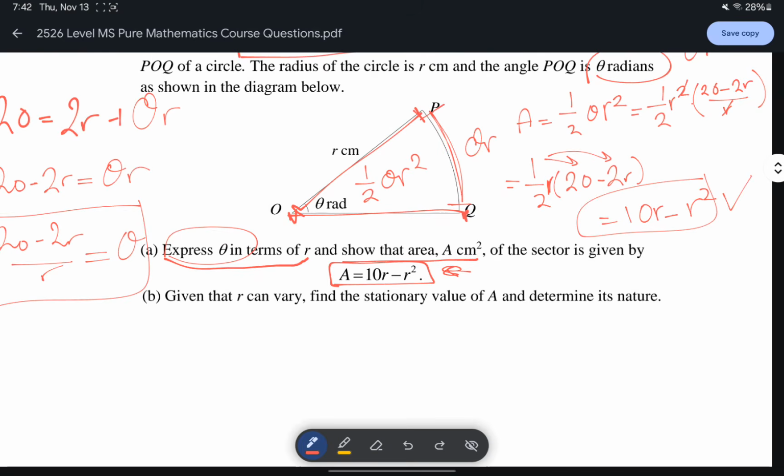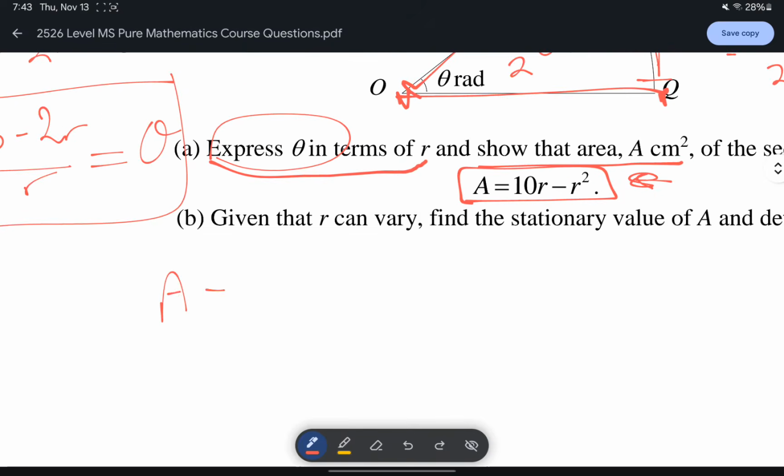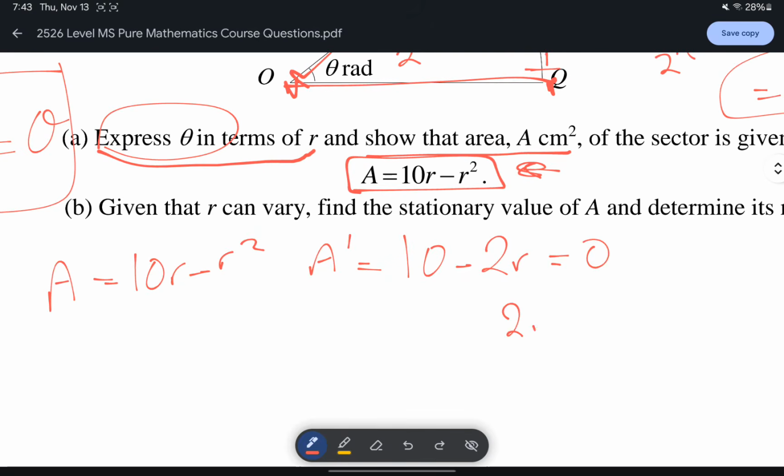Now part B, they're saying find the stationary value of A and determine its nature. Once again, this means that we need to derive and equate to 0. So we have our area is 10r minus r squared. So our area prime after deriving is going to be 10 minus 2r. Okay, take this, equate it to 0, so you get 2r equals 10, so r is 5.